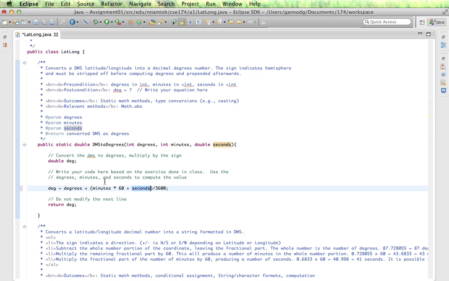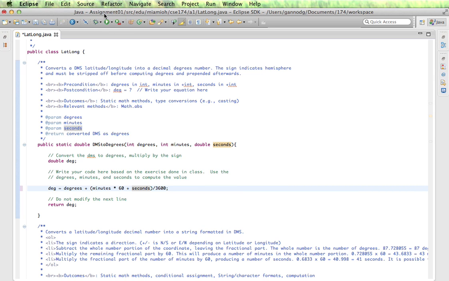So a double is more complex than an integer, for instance. Okay, so that means that this entire thing, this part of the equation divided by 3600, is promoted to a double. This double plus this integer promotes the entire thing to a double. So then once we do that, we get this degrees value computed as a double.